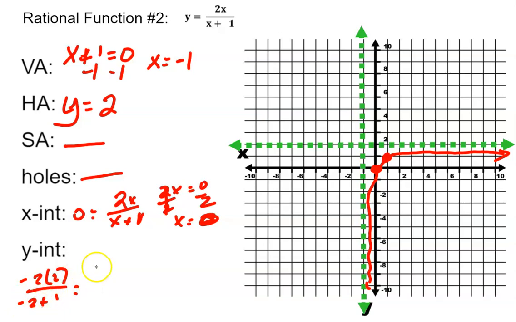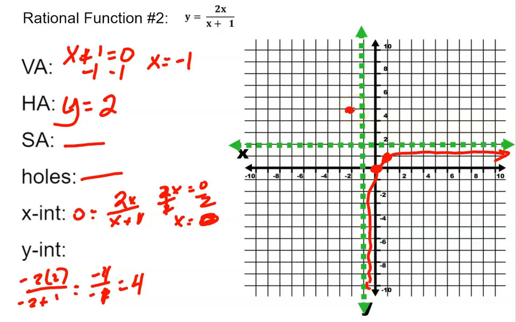This is going to give me a -4 all over a -1, because -2 plus 1 is -1. -4 divided by -1 will give us a +4. That means I put a point at -2, +4, which would be way up here.